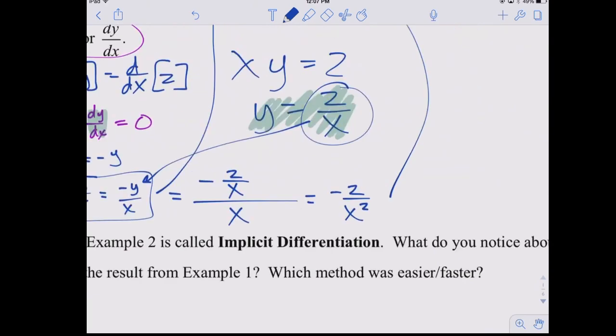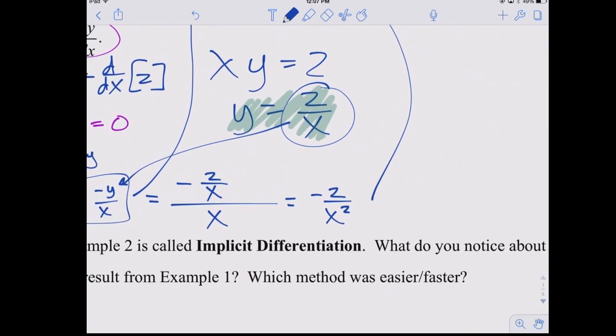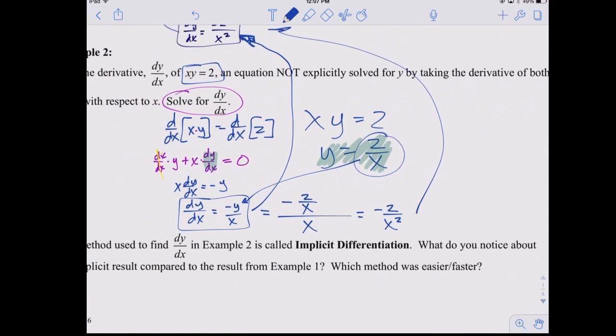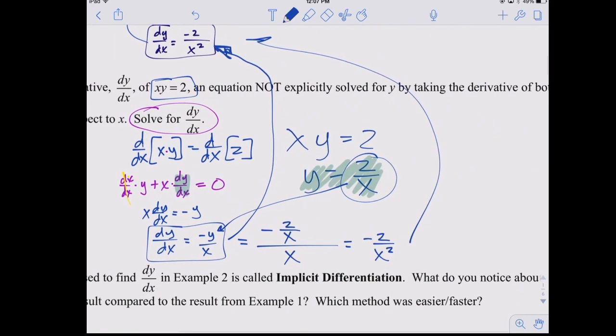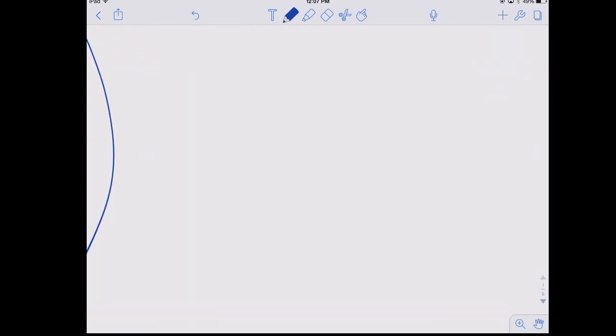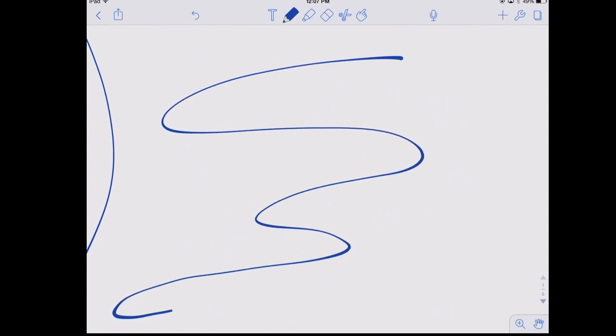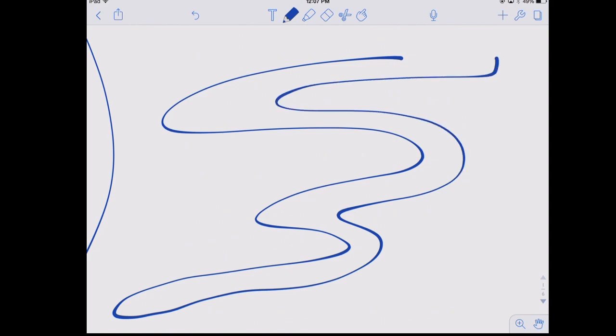A little note, though, about when implicit differentiation is needed. In this case, we could do it either way, which is why I started with this one, so we can compare and see that the method works. But in general, if you have an equation and it has x's and y's in it, and it's not explicitly solved for y, and you can't solve it for y, that means that it's probably not a function. It's not a function of x, at least, which means if you graphed it, it's going to look more like this.